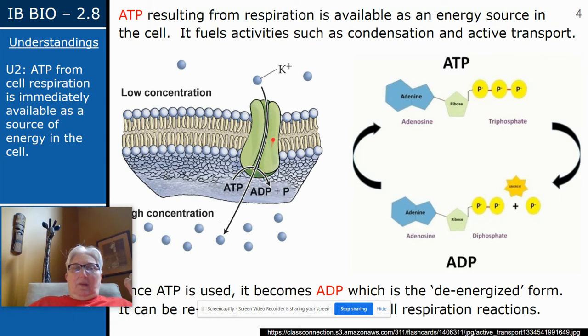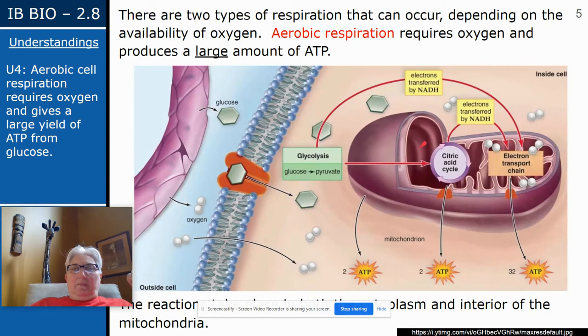Now you see, where is this occurring? Here within the cell membrane, we see things that we need, right? Our potassium becomes part of our whole reaction. Now we really have three parts to cell respiration.